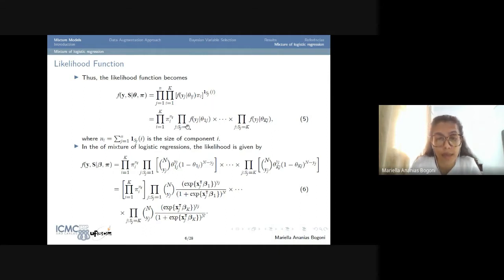If we remember that in our case this distribution is the binomial distribution, we obtain this equation. Adding the expression for the success probability of the model in each component, we obtain equation 6, which is the likelihood function of the mixture of logistic regression models.